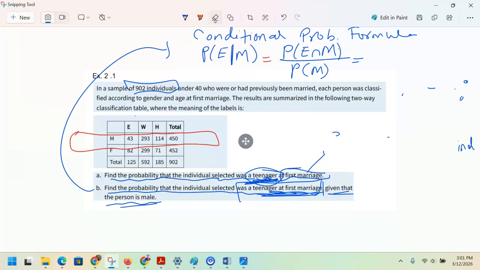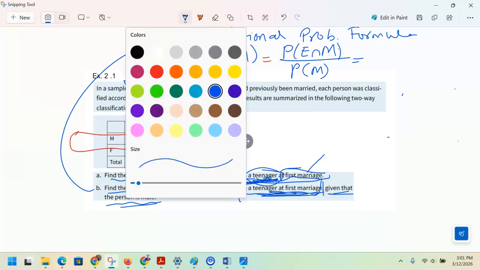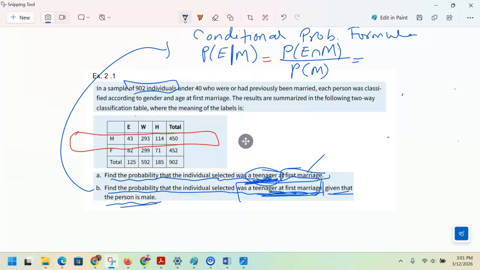Let me clean this up. So the question is, let's write the down part first. I'm going to use the probability of males. So how many males are there? You can say the total number of males is 450.